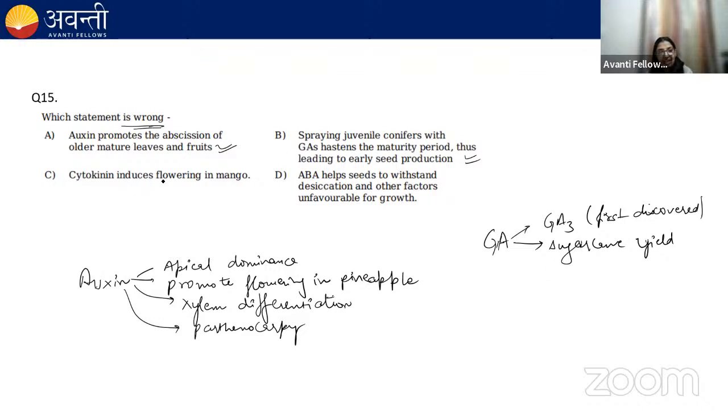C says cytokinin induce flowering in mango. No, ethylene induced. Ethylene induced flowering in mango. Please remember this, not cytokinin.